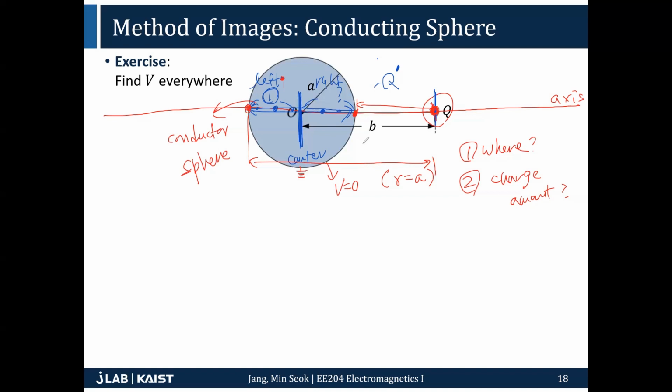So in order to compensate the potential due to this original charge, the new charge must be placed on the right side of the origin, because only by doing so is it closer to this one and further away from that one, right? So bigger potential is canceled by bigger potential, and smaller potential is canceled by smaller potential. That's how it works. That's why it has to be at this position.